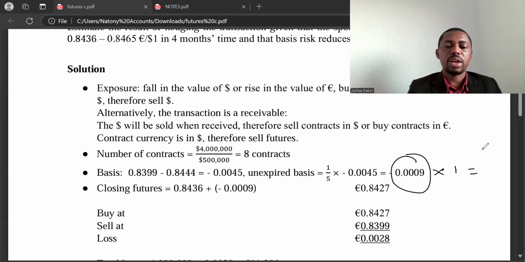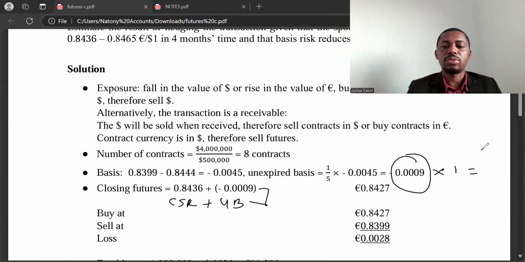Therefore, your closing futures price will be the closing spot rate plus the unexpired basis, which is this amount here.